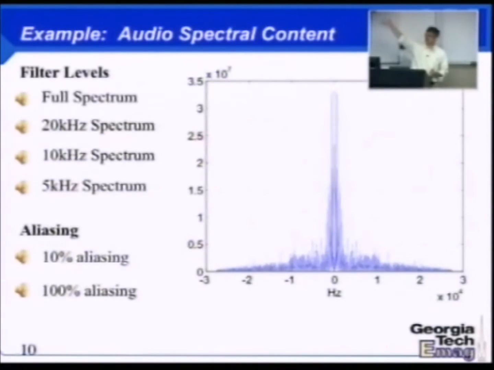You can see almost everything is below 20 kilohertz. So with the 20 kilohertz filtering, you just lopped off those little lobes at the end, didn't hardly do anything. At 10 kilohertz, now we see just past 10 kilohertz, we're really making it into an area where there's a lot of content. And there's still quite a lot of content below 5 kilohertz, but clearly we're getting rid of a lot of detail there. So that's just what the signal looks like.